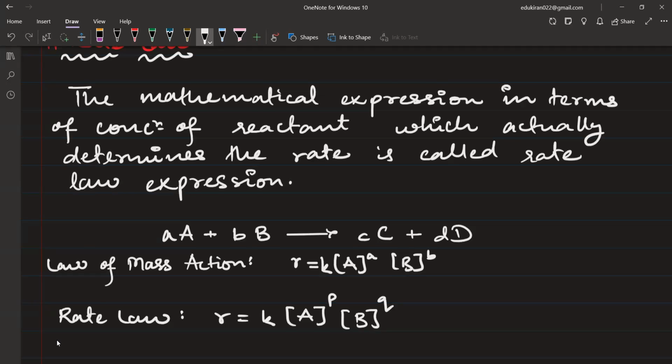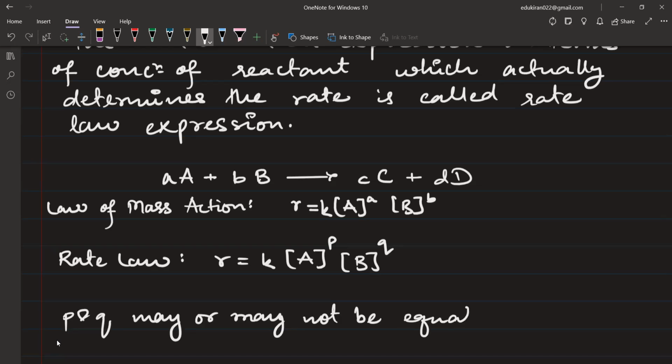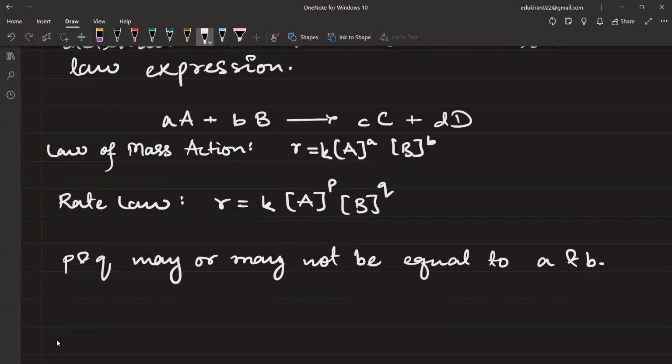Okay, and these p and q are what? First of all, p and q may or may not be equal to a and b.